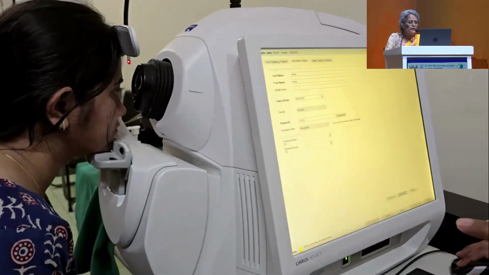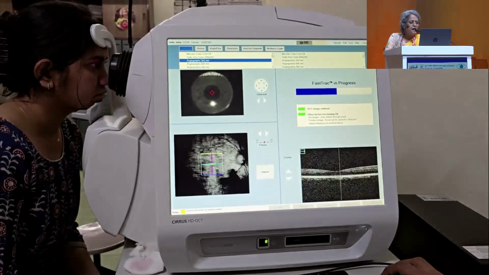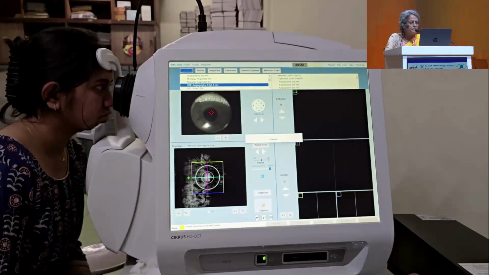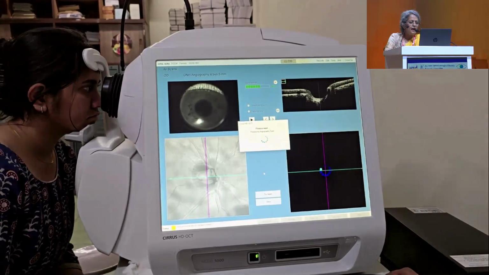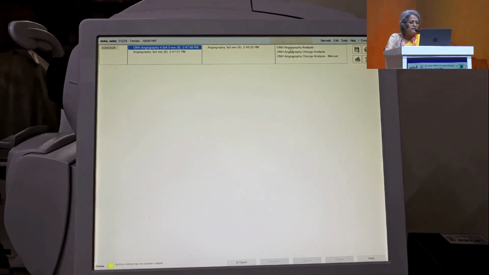So this is a brief video showing how the OCTA was done. And remember, these were all pregnant patients who had been brought from the obstetric department. And we had measured them with dilated examination of the fundus.